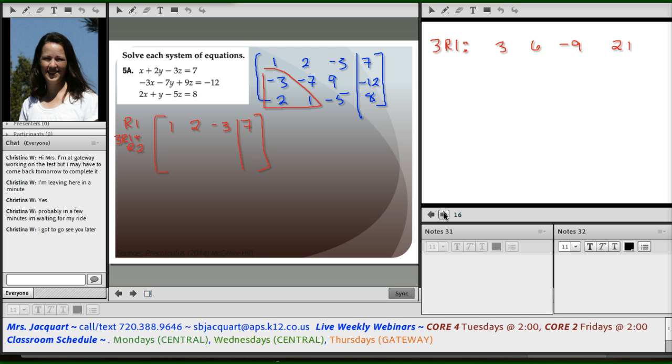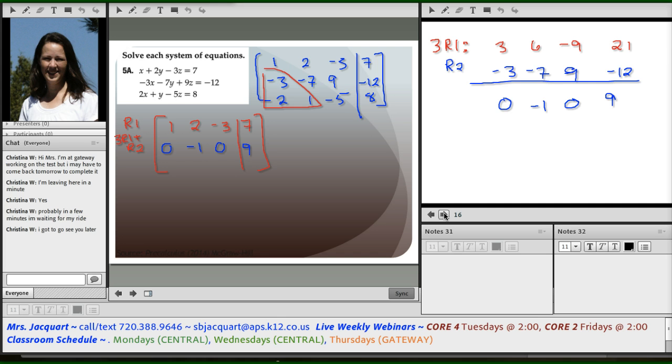And then row 2 is -3, -7, -27, and -12. And we get 0, -1, 0, 9. So that's where I'm going to put in that new row. So I get 0, -1, 0, 9.